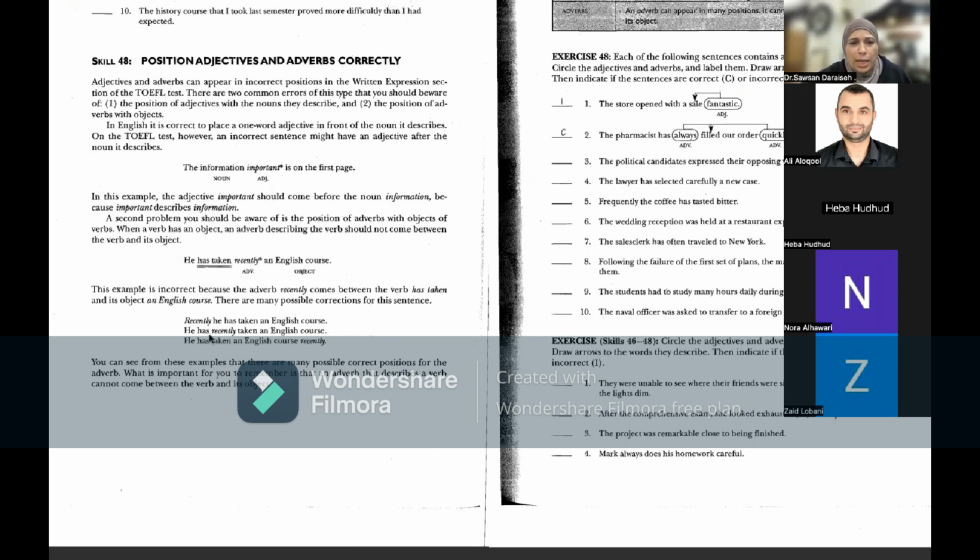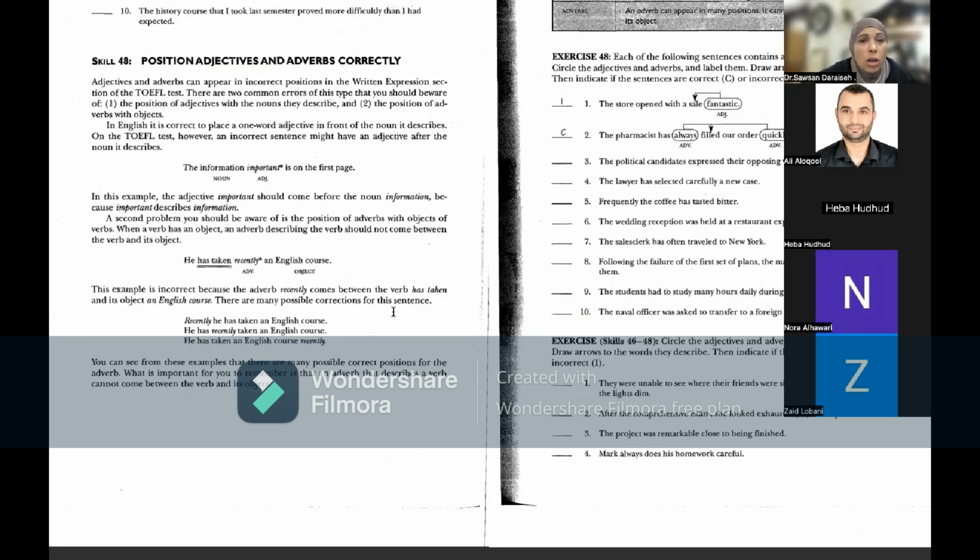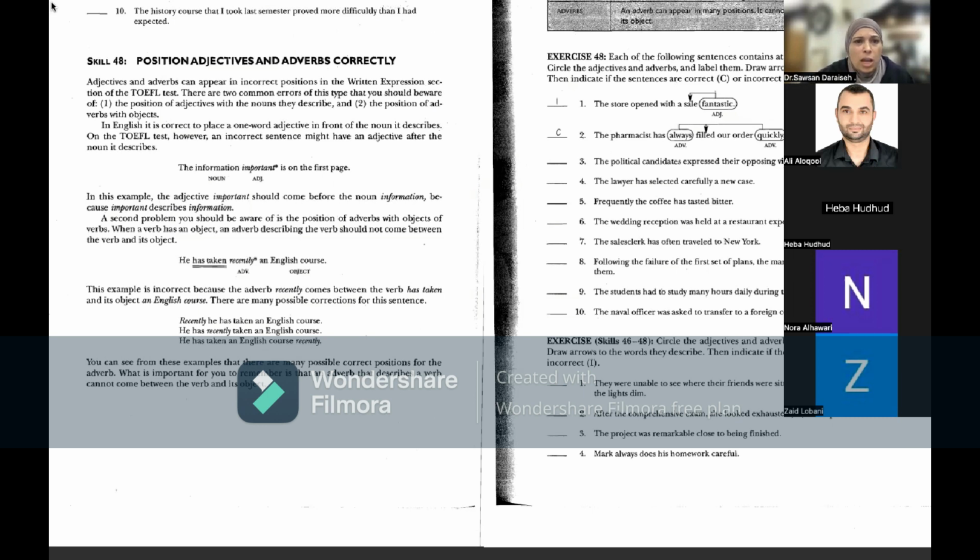And the 3rd way is at the end, "He has taken an English course recently." Okay? Understood, guys? That was our lesson. So now do we know where we can position our adjectives and sometimes adverbs, all right?